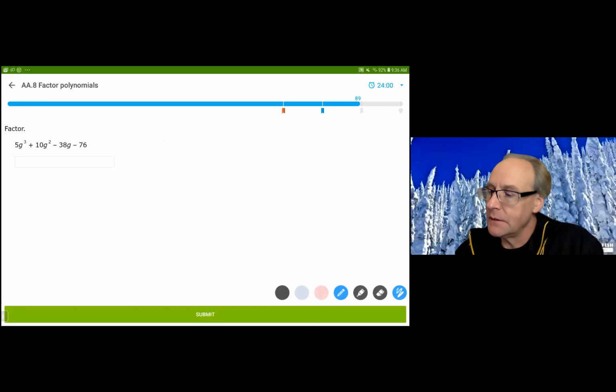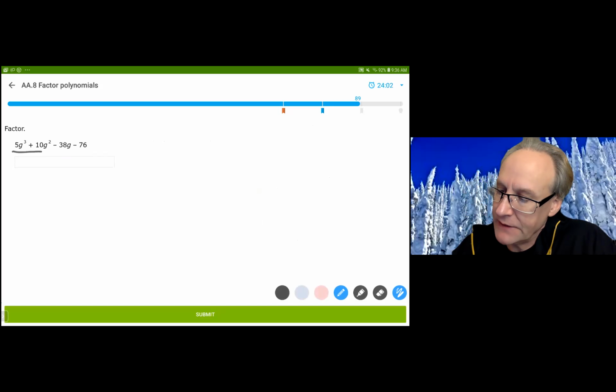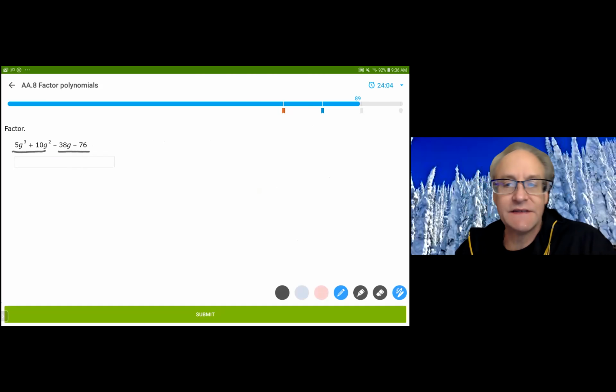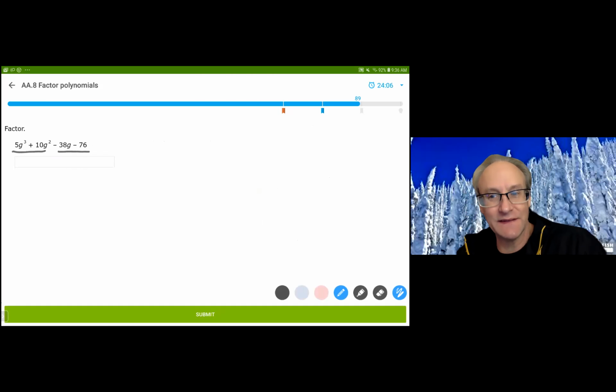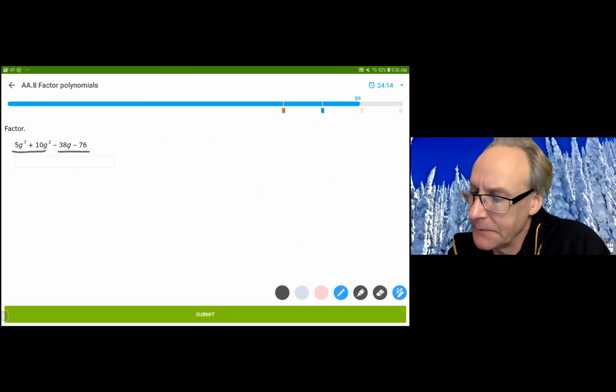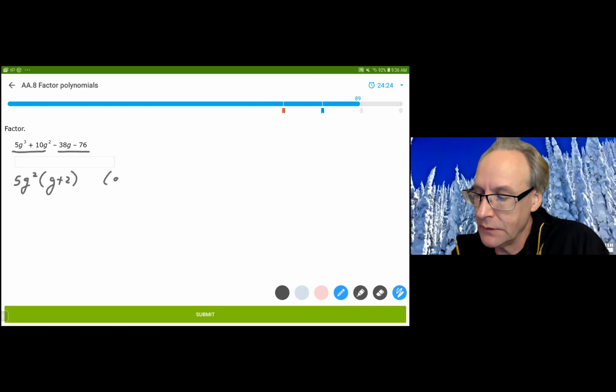Let's see. Oh, they sure like that factoring by grouping. I suspect that the AI is looking back at the sections and recognizing that the one I had the most trouble with was the grouping. I kept putting parentheses where they didn't belong and so on. We've got a 5g squared that we're taking out. And we have a g plus 2. Now remember, I want to get a g plus 2. So what do I have to take out?